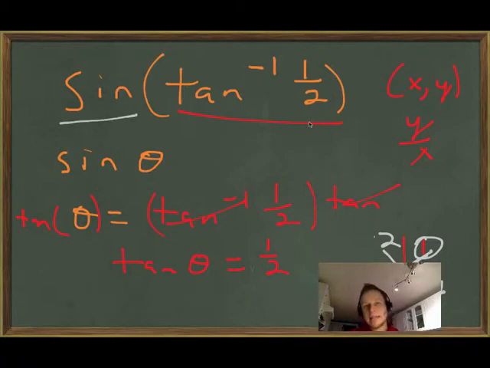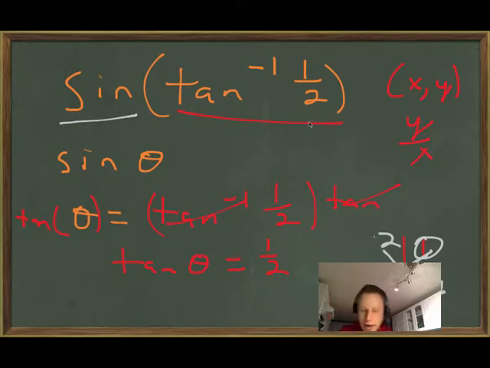We're finding sine. If tangent is greater than 0, then we're looking at quadrant 1. So we're in quadrant 1.